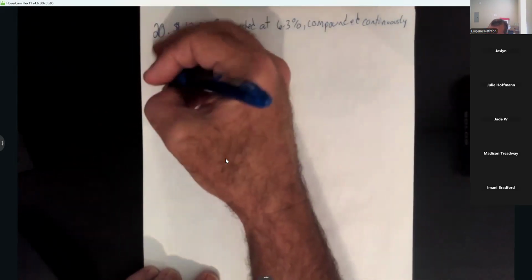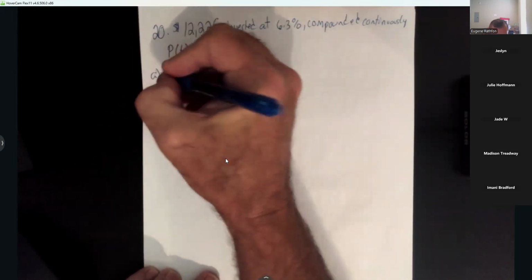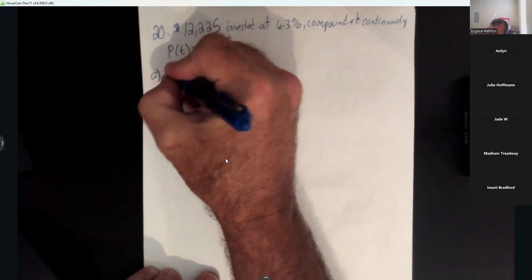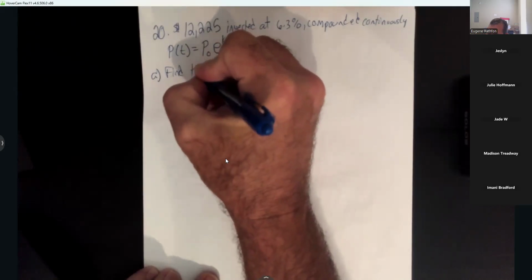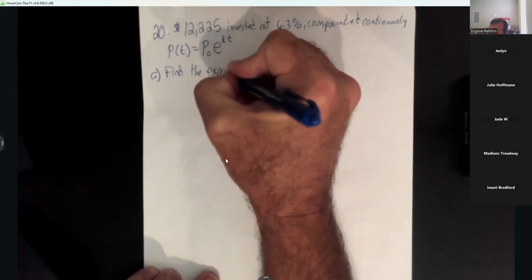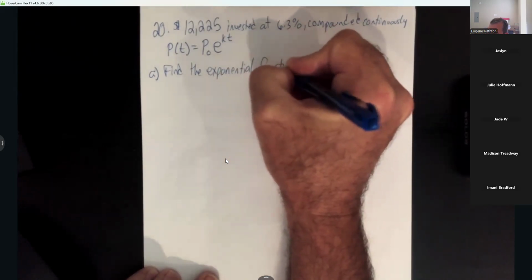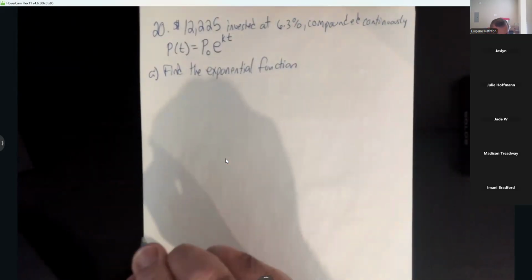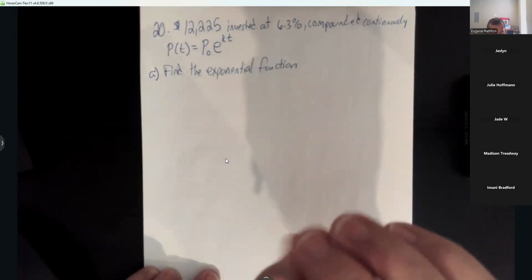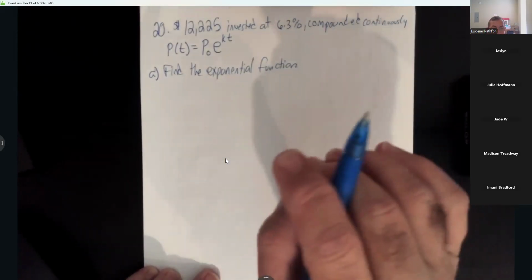All right, so the first thing, this one has an A, B, C. A, find the exponential function that describes the amount in the account after T years.